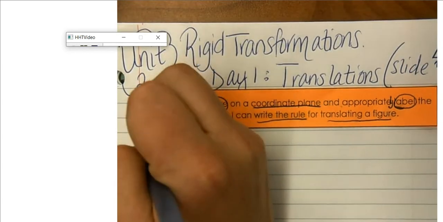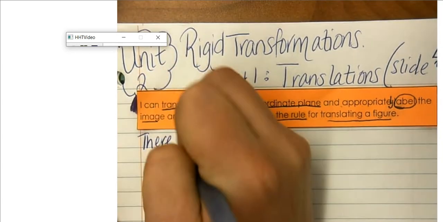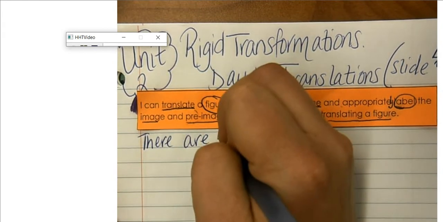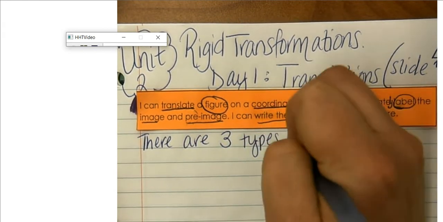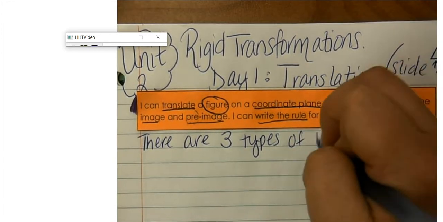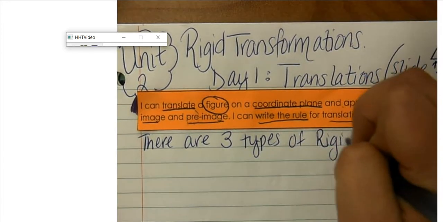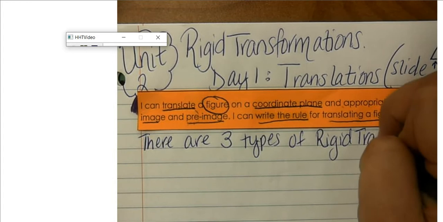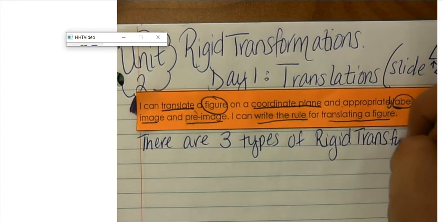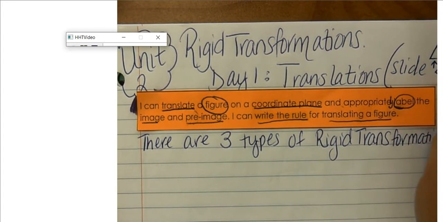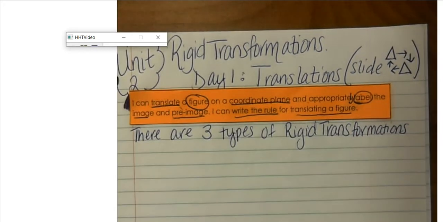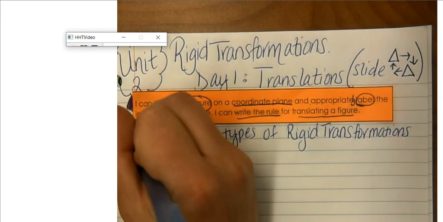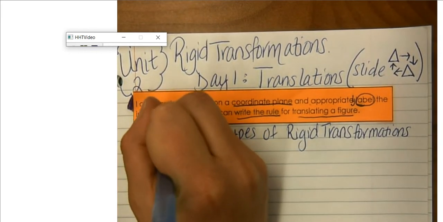And there are 3 types of rigid transformations. The first one, which is what our lesson is about today, is called translations.